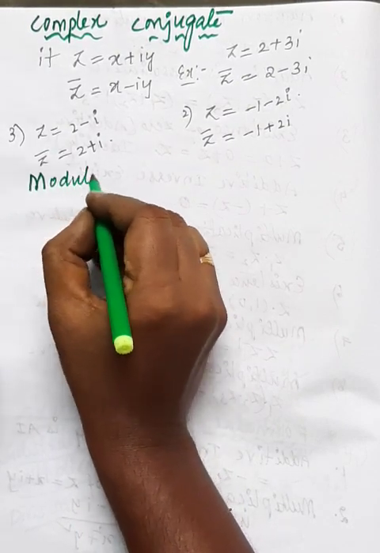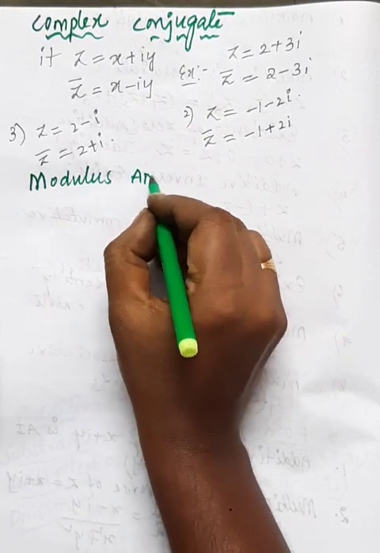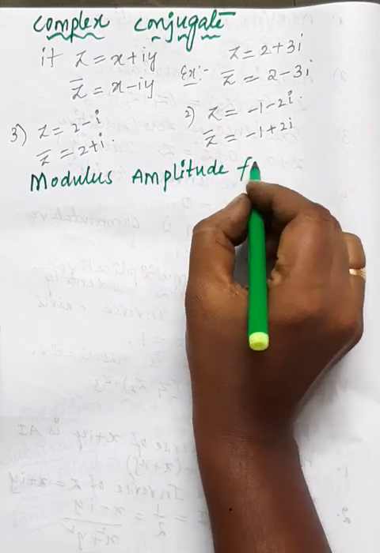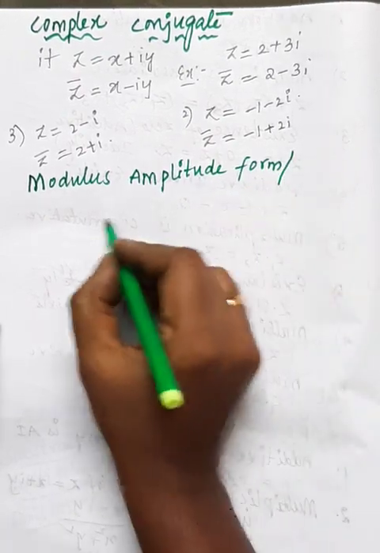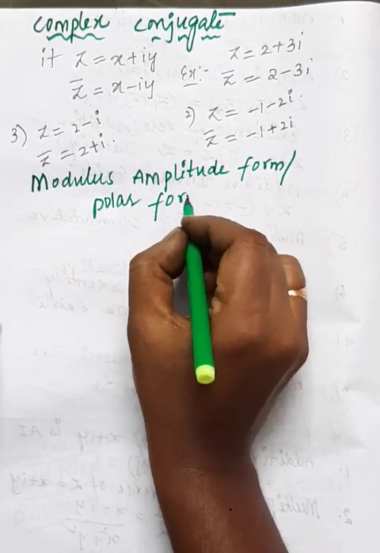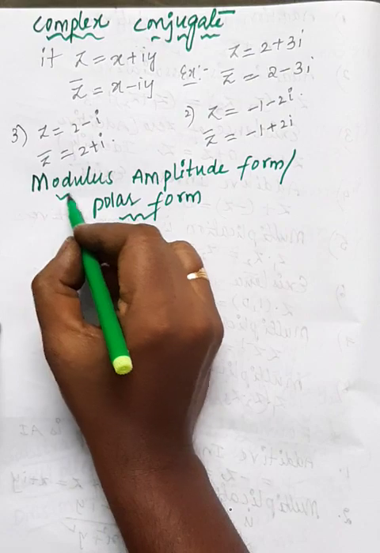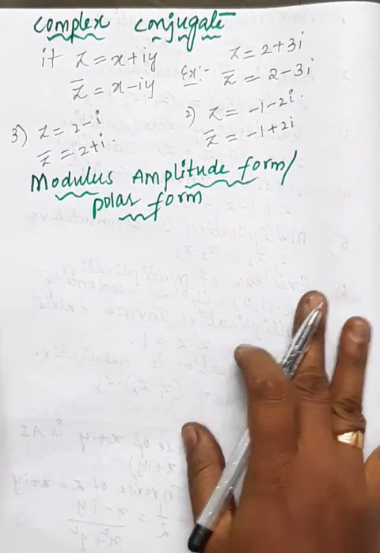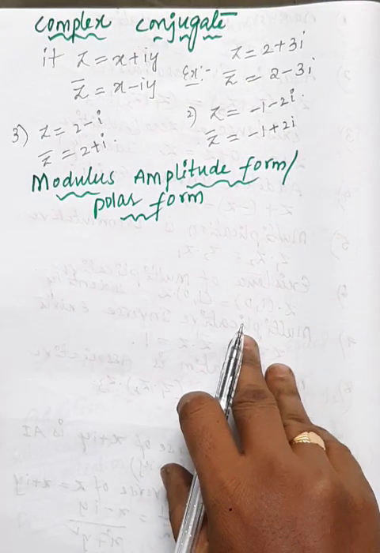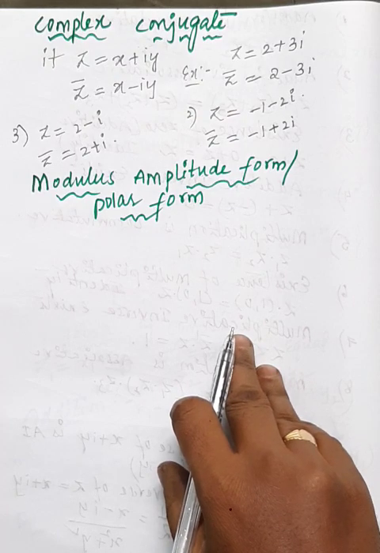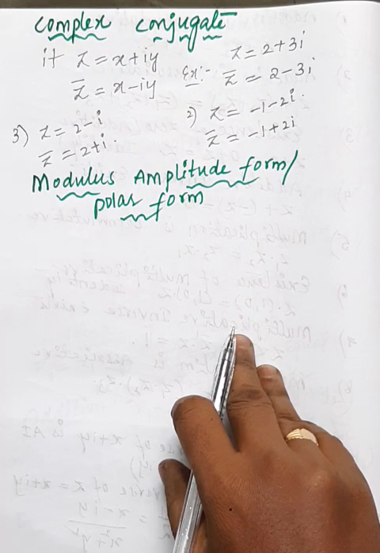So modulus amplitude form or polar form. Here, in modulus amplitude form, we see 2 words. First one is modulus, second one is amplitude. First of all, let us see the modulus and amplitude differently.